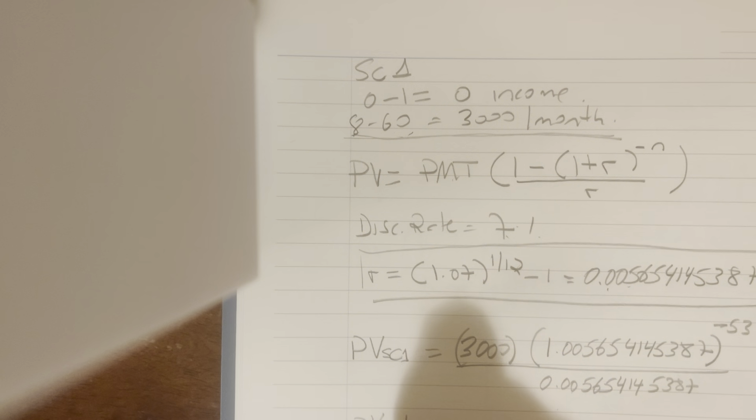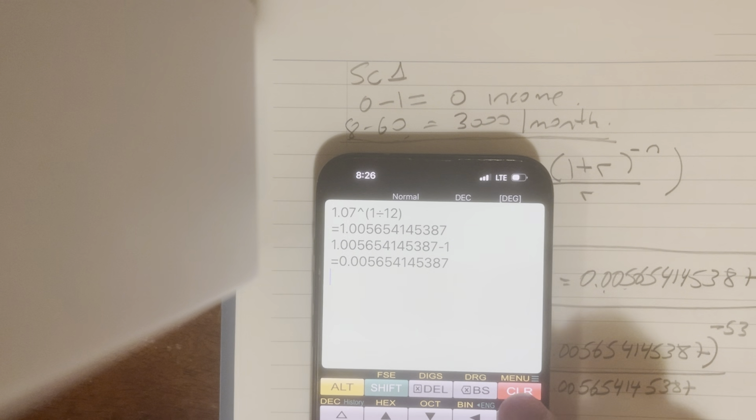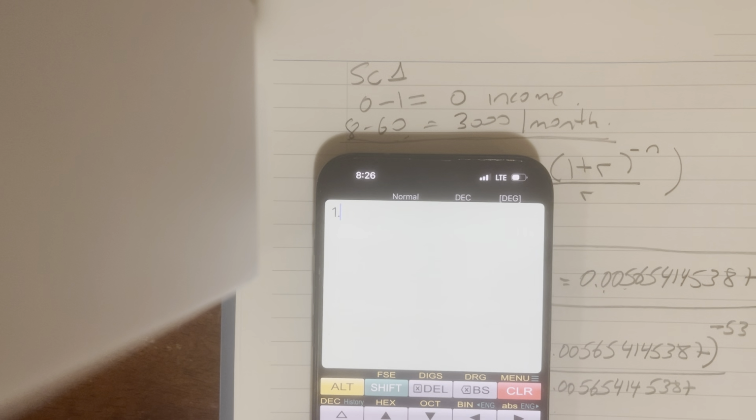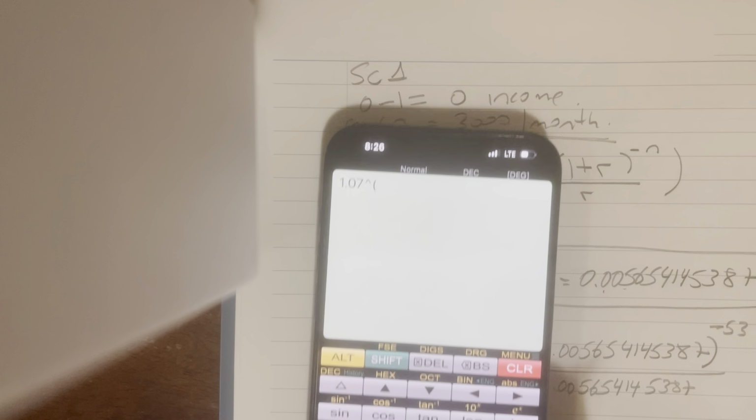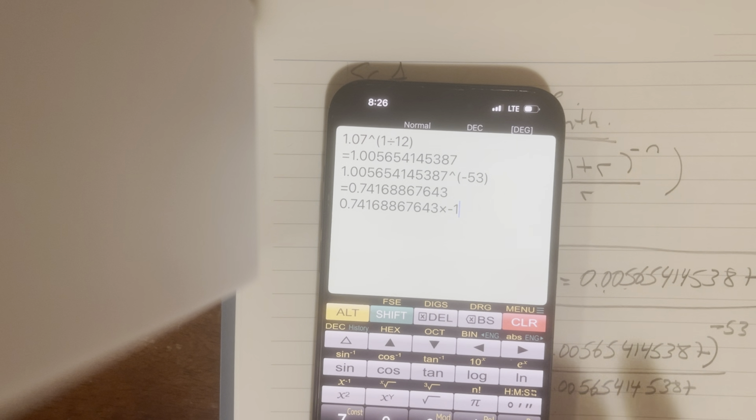Month 7 is equal to, let's do this calculation. So it's 1.07 exponential 1 divided by 12, exponential to the minus 53. I will change the sign.